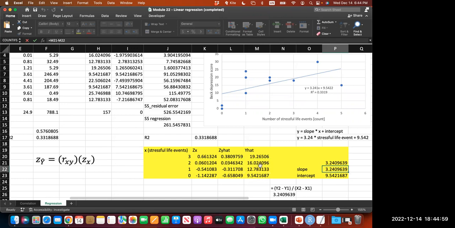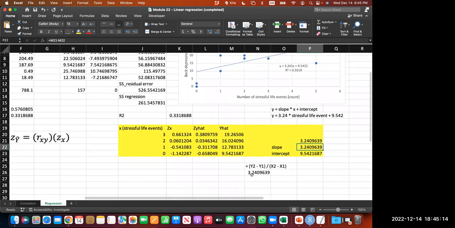Whereas the slope, as per definition, is the increase in the dependent variable caused by an increase in the independent variable by 1 unit. So this can also be done by calculating y2 minus y1 divided by x2 minus x1.